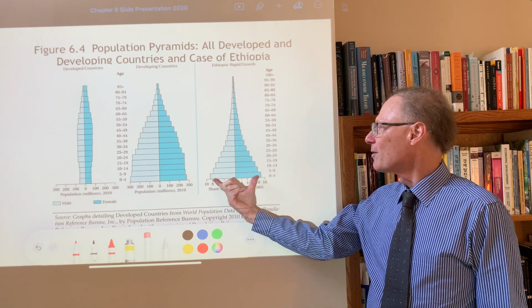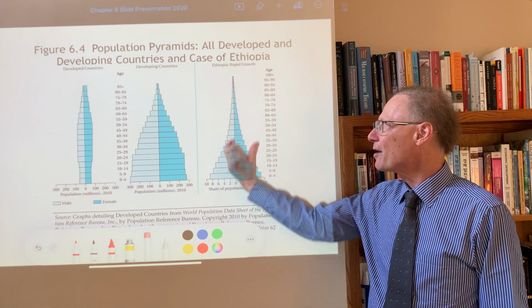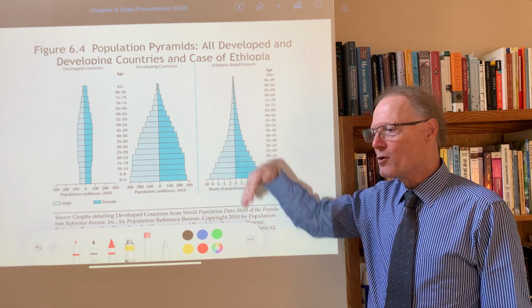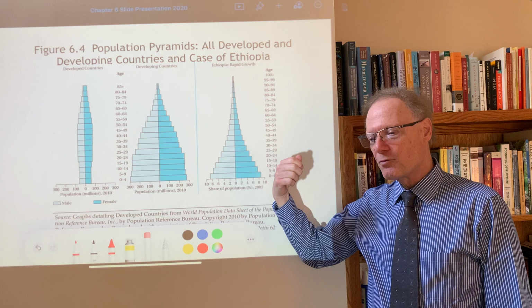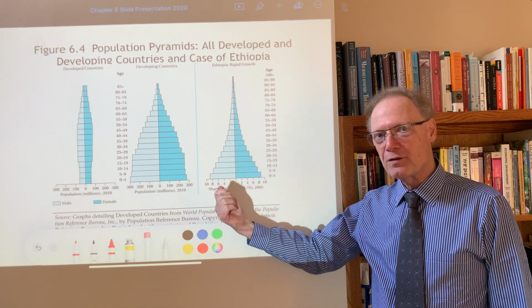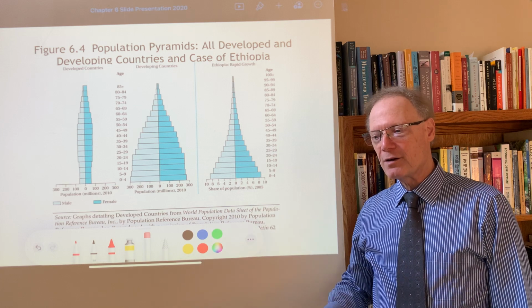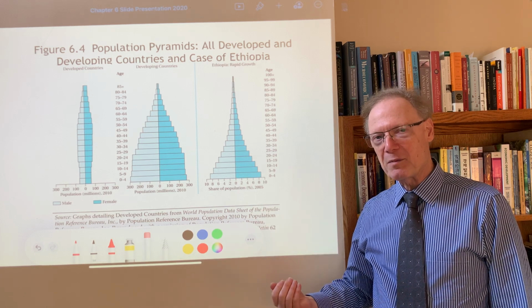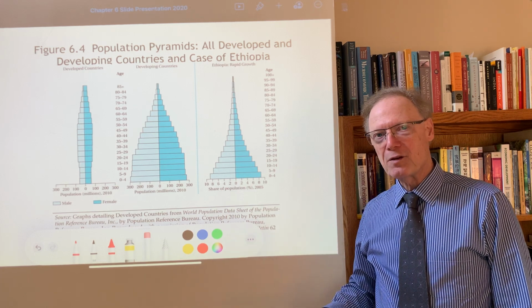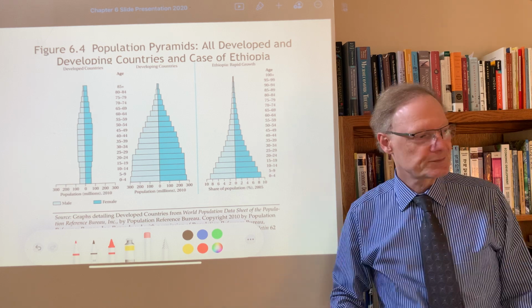As we have successive generations moving through the life cycle, replacing those who were smaller in total size, it's really quite a few years before we get to a stable population. That phenomenon is known as population momentum.